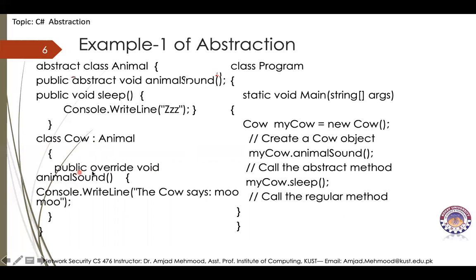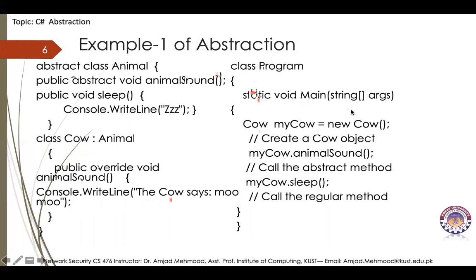So this means that this class, which is the cow class, is overriding this animal sound of the class animal. Now you can see this is a simple method, Console.WriteLine to display cow says meow, meow, or whatever the message. Now this is class program, and this class has the main method, and now we are making an object.